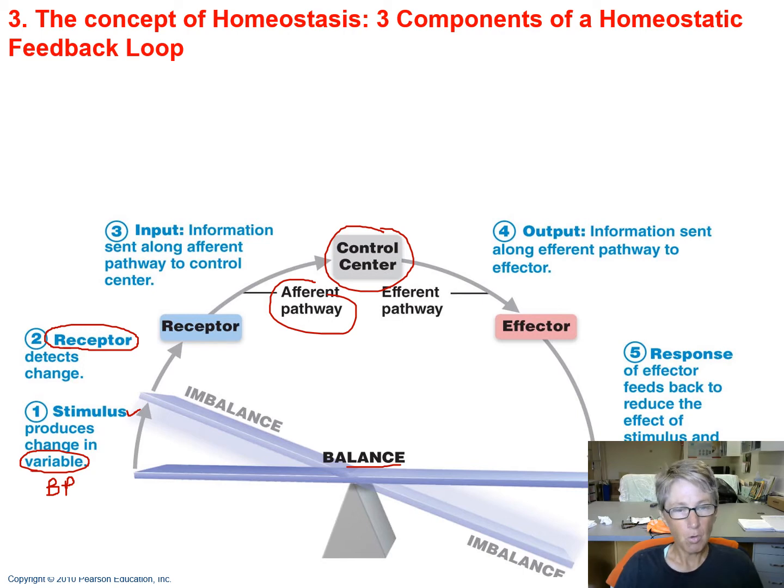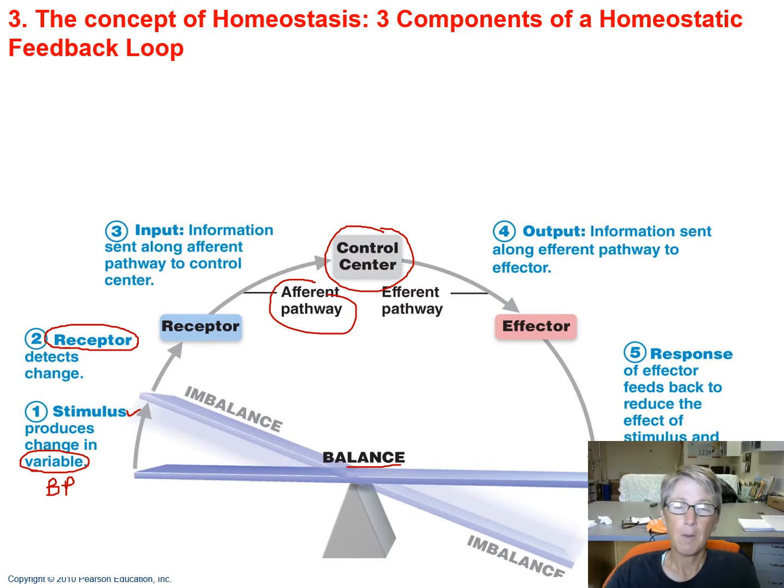And then the control center will take the information about your high blood pressure and it will send output information to effectors that can cause the effect of lowering your blood pressure.